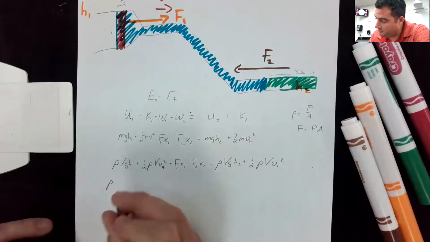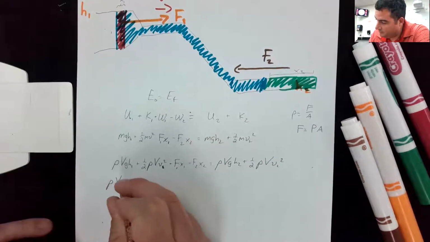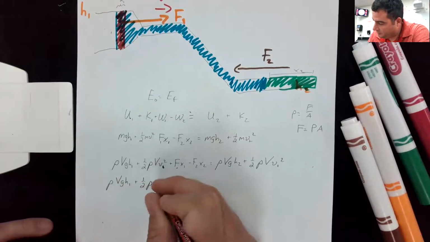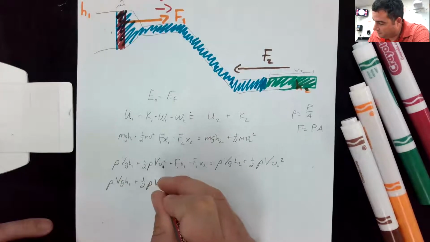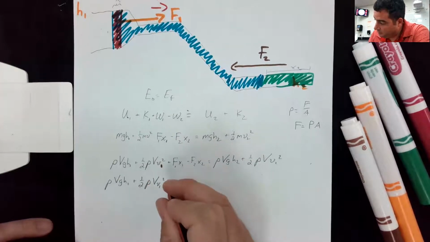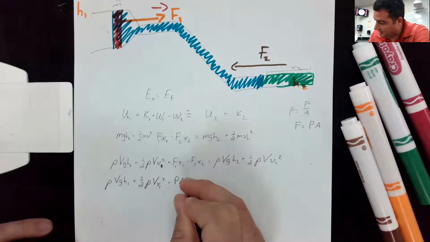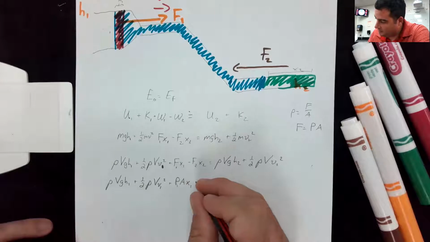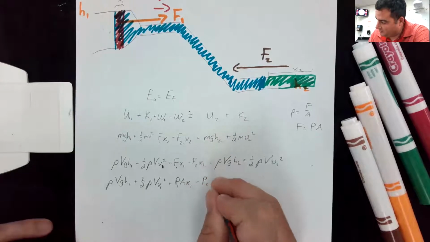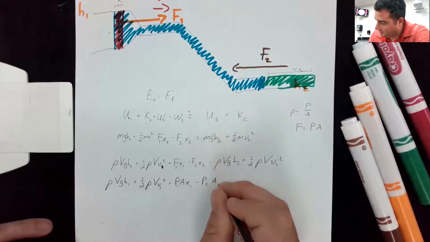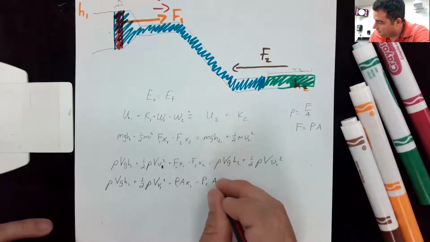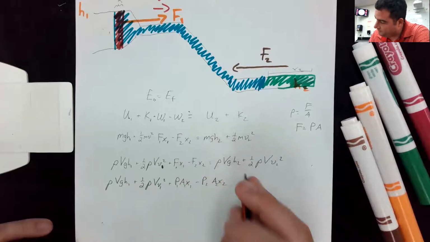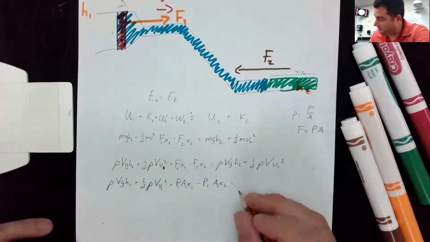My equation then becomes rho V g h1 plus one half rho V v1 squared plus P1 A1 x1 minus P2 A2 x2 equals all the same stuff.